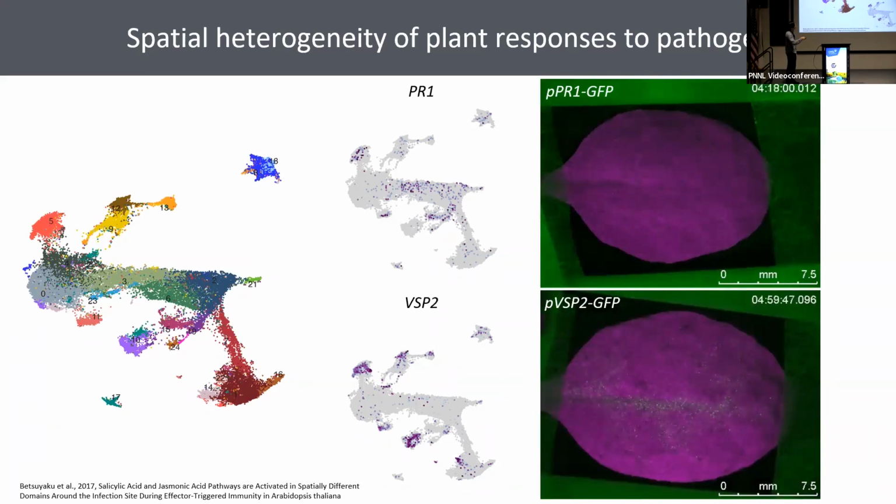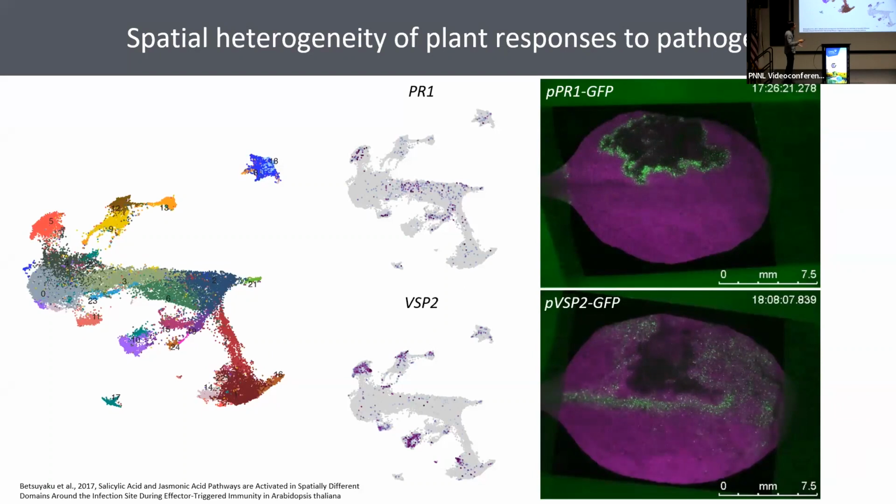They infected plants with the same pathogen as we used. So this is the infected region.